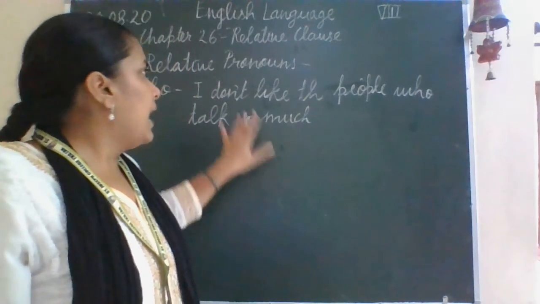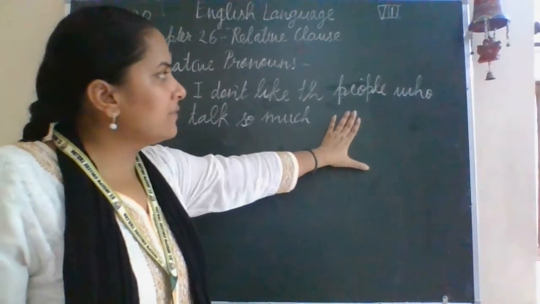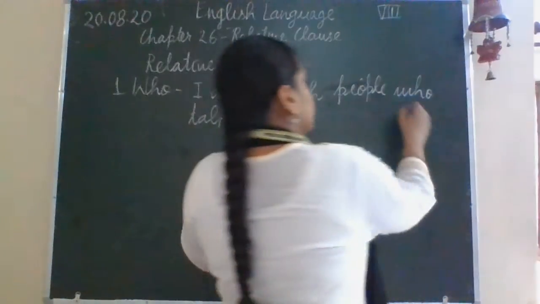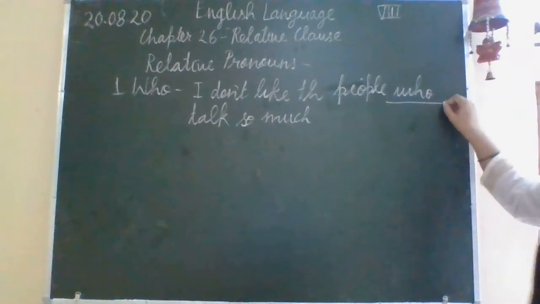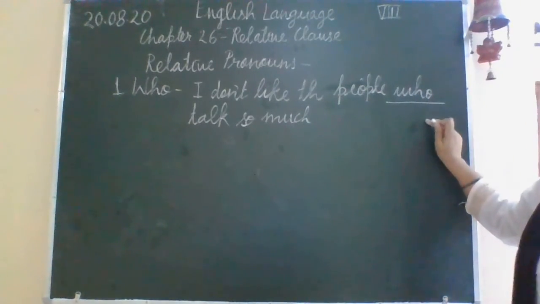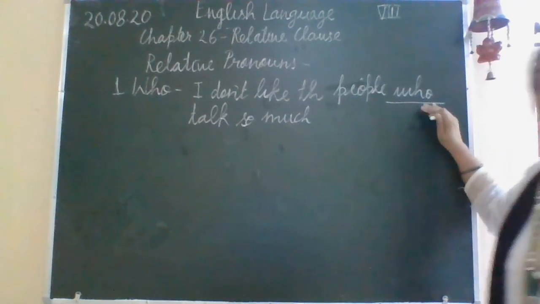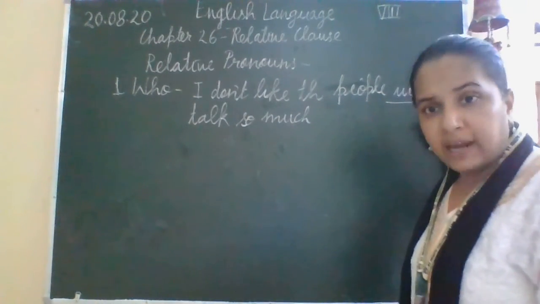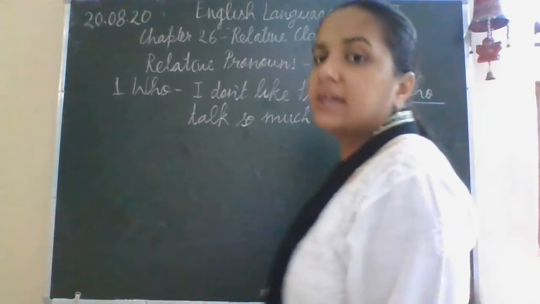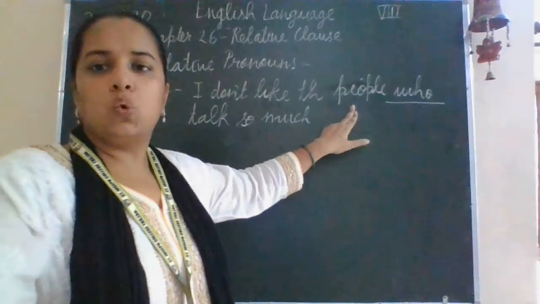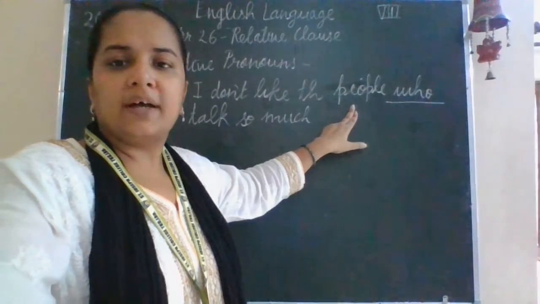So here, I don't like the people is itself complete. Who talk so much is the relative clause, and this relative pronoun is used for the people. I don't like the people who. To whom is this who referring? This who is describing these people who talk so much.